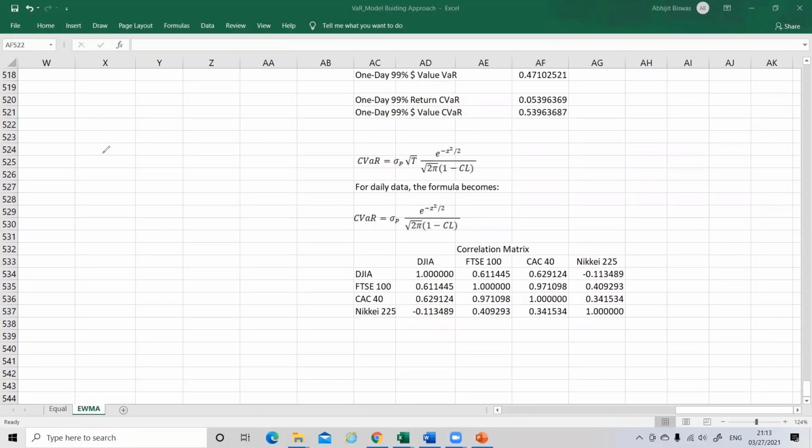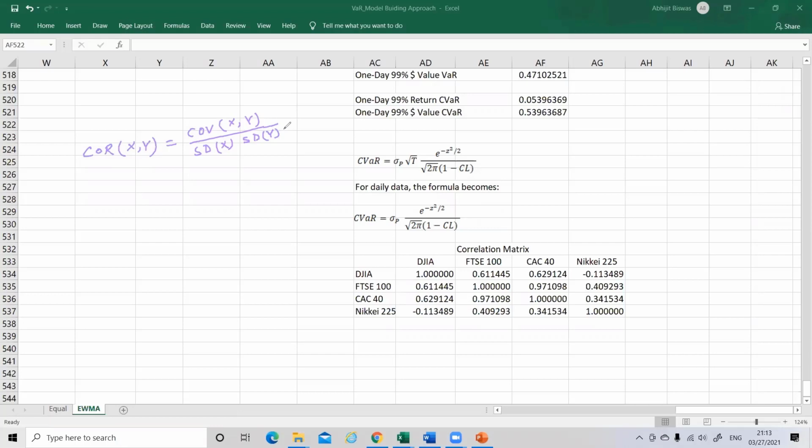I do not know whether you are aware of this formula or not. Suppose I want to calculate the correlation between x and y. The formula goes like this: covariance between x and y divided by standard deviation of x multiplied by standard deviation of y.